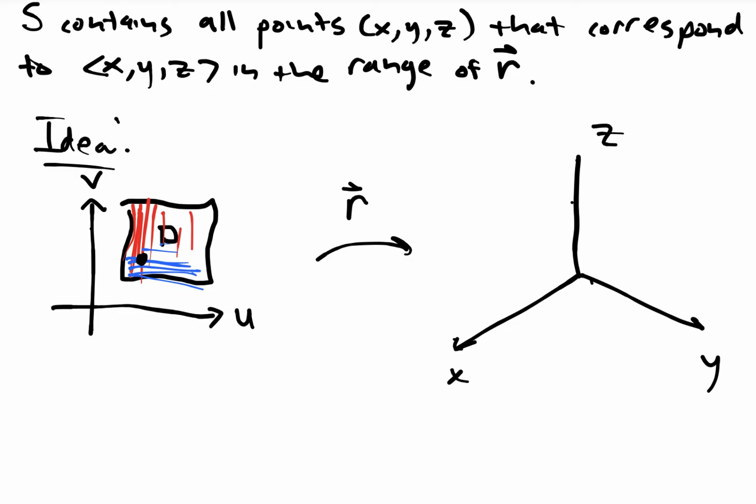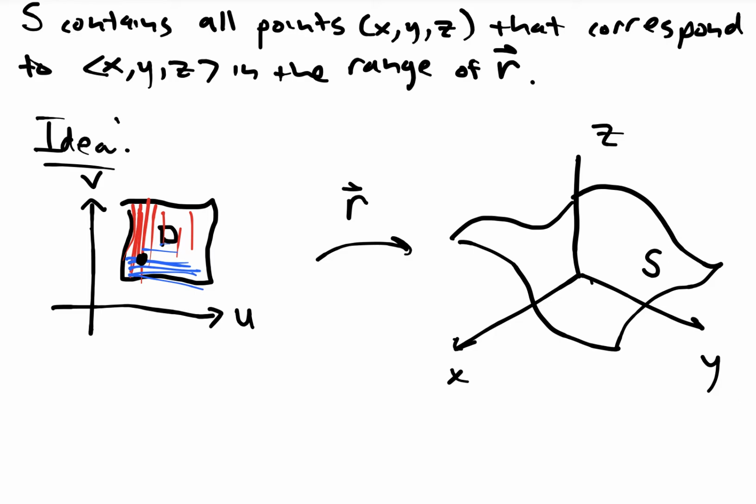Maybe you can imagine some sort of squiggly looking three-dimensional surface here, this guy being S. And what's really happening is, again, every single point that was in your two-dimensional set D to begin with is going to correspond to a point that is somewhere on your surface S.